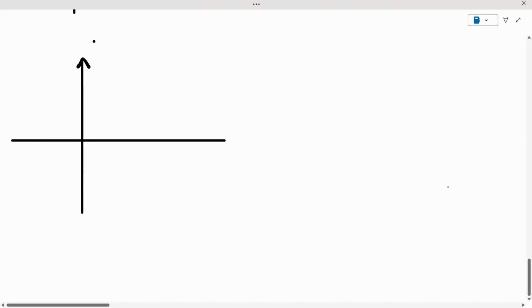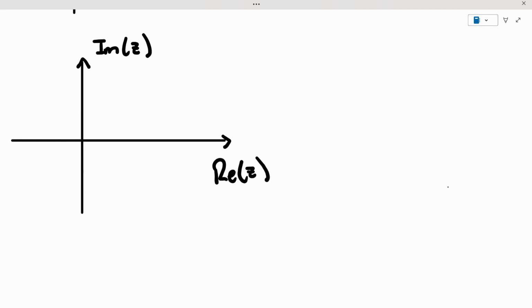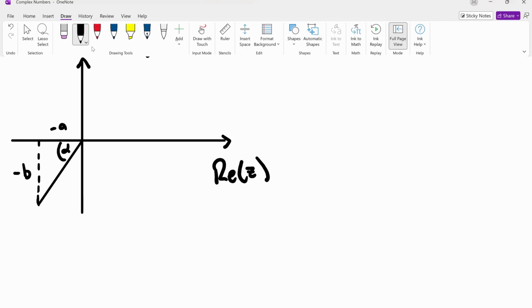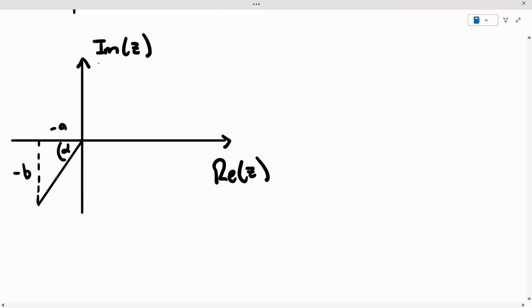So we have our imaginary axis here, and we have our real axis here. And now we have a complex number in this quadrant over here. So we had minus a units this way and now minus b units this way. And this is our number here, alpha. But I said that we wanted to measure the argument from the positive real axis. So we want this angle here as theta.